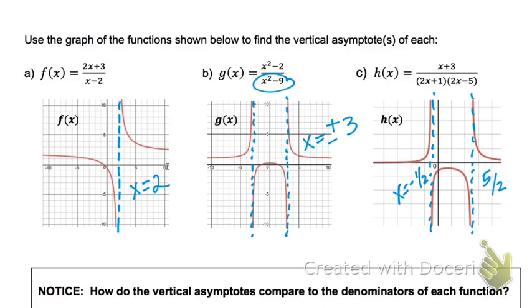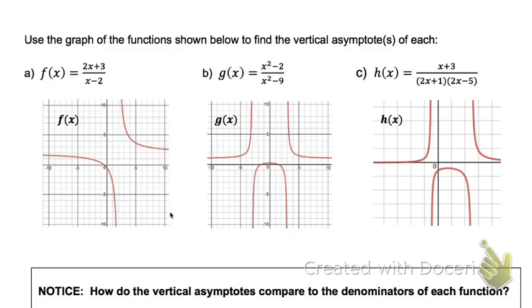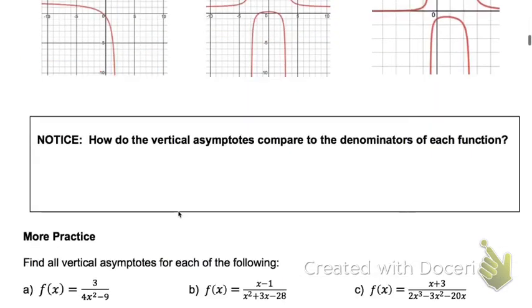Well, I wanted you to discover this after this point, but you guys have already figured it out. You're too smart for these notes. So how do they compare to the denominators? What am I doing to the denominators?